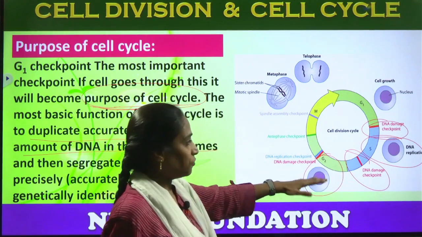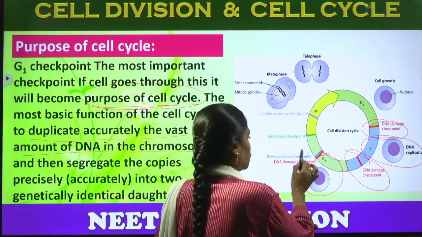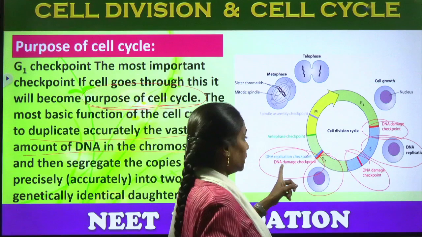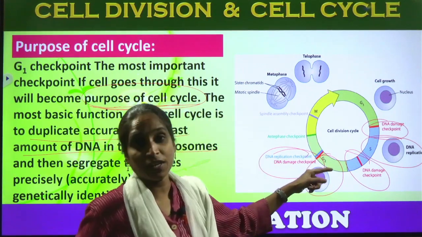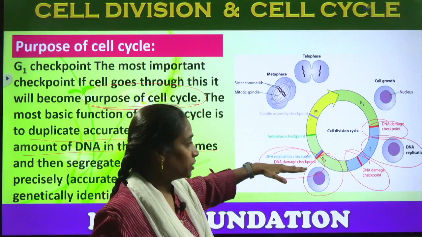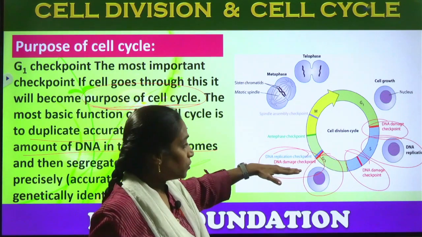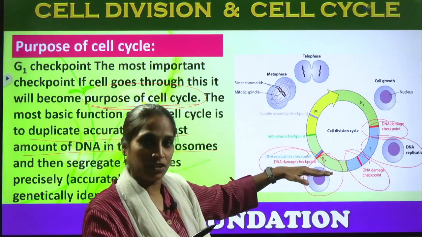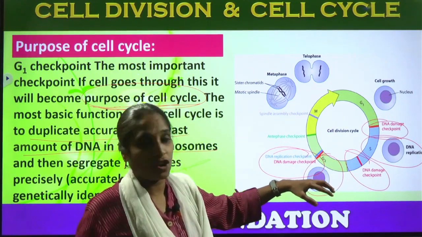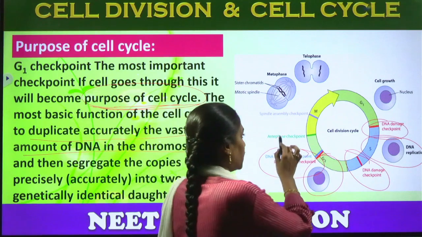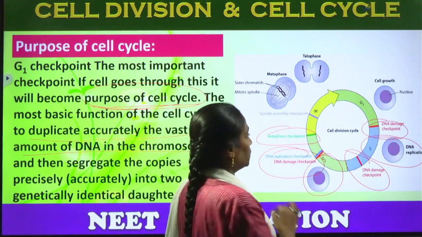Okay, so after the G2 phase again there is a checkpoint, the DNA damage checkpoint first of all, and later the DNA replication checkpoint. First of all, whether it is functioning or not. If it is functioning, after replication, whether it was done in a proper way or not is also being checked. And the next one is the anaphase checkpoint.